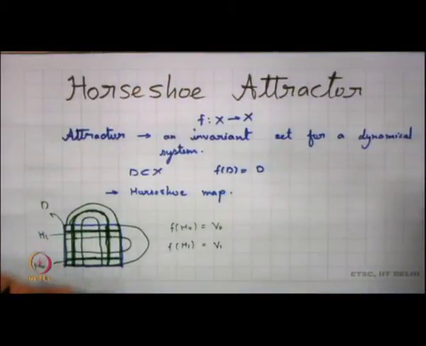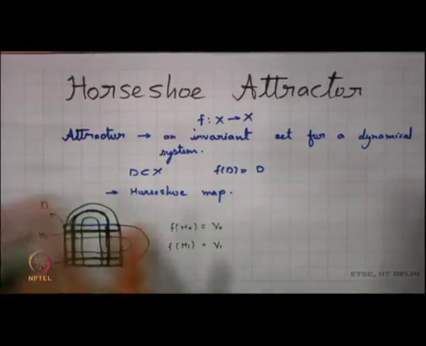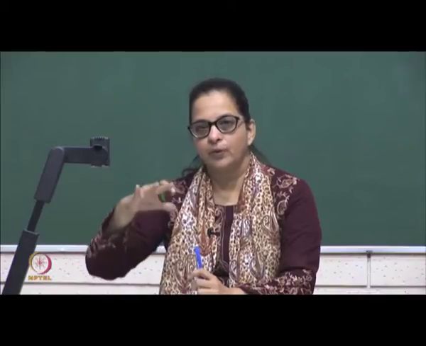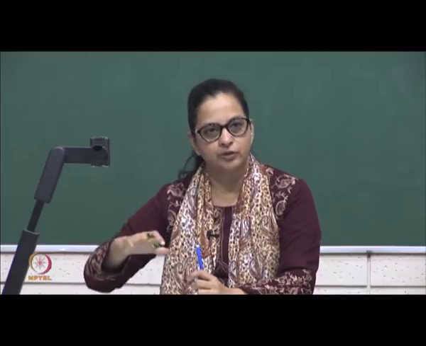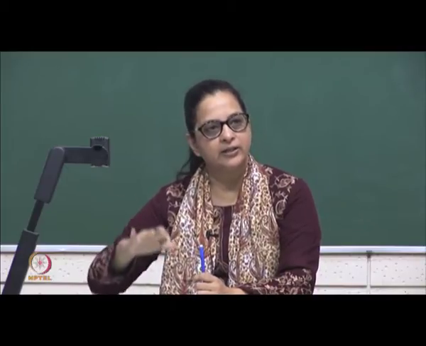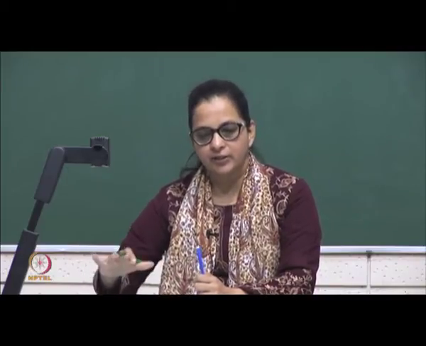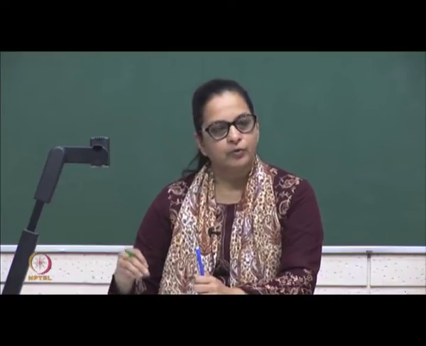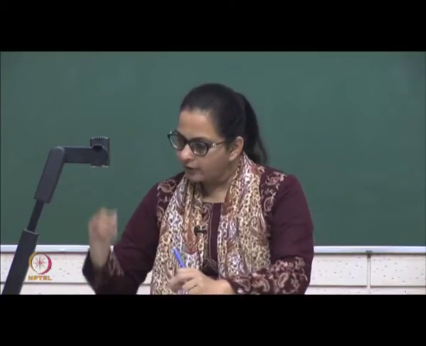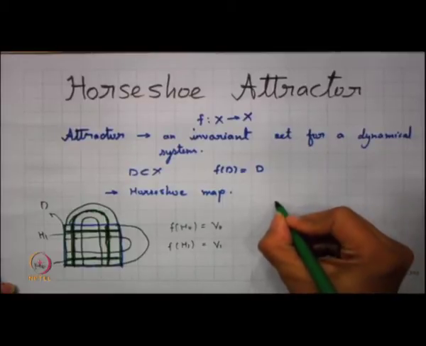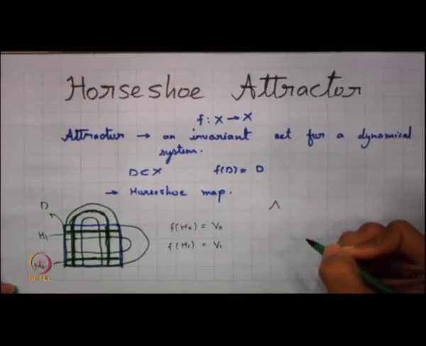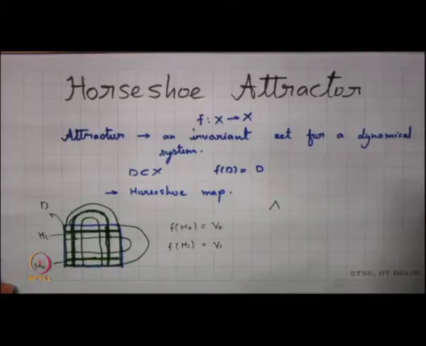We are looking into all those points which remain inside D under all possible iterations of f. So, we are looking into the invariant set of f, and for this invariant set we are interested in looking into what is the dynamics there. So, we are essentially interested in this invariant set lambda, which we call a horseshoe attractor.